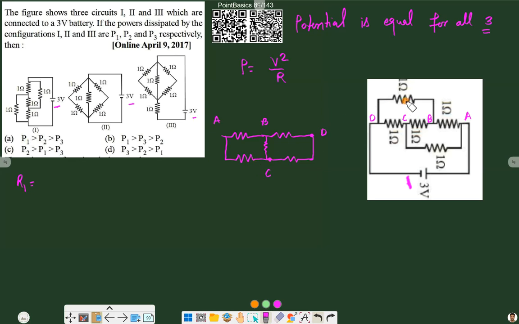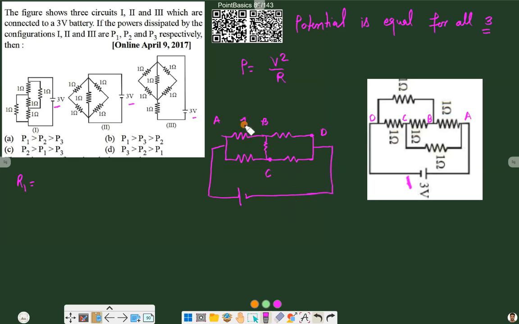So here totally we have 1, 2, 3, 4, 5 resistances, and here we again have 1, 2, 3, 4, 5 resistances. So our number of resistances are matched, and our connections are also matched: A to C, then C to D, B to D, and C to B. You can recognize it easily, it is a Wheatstone bridge.